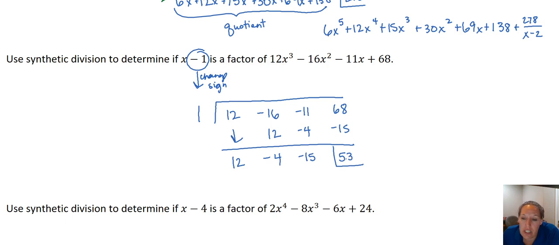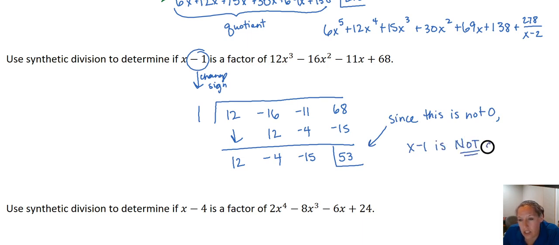So our remainder here is going to be 53. So since this is not 0, that means that x minus 1 is not a factor of our polynomial.